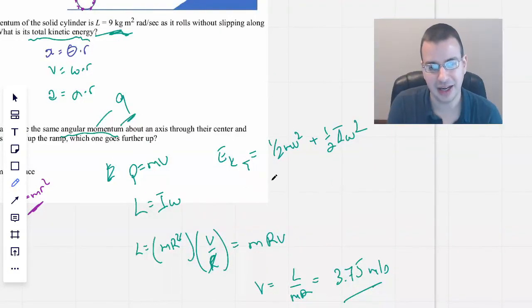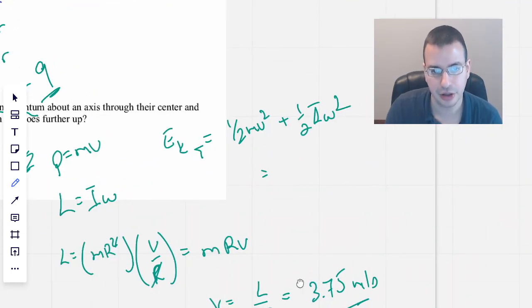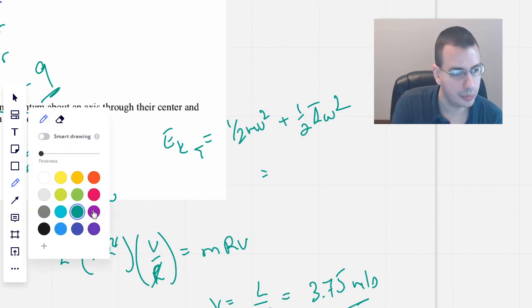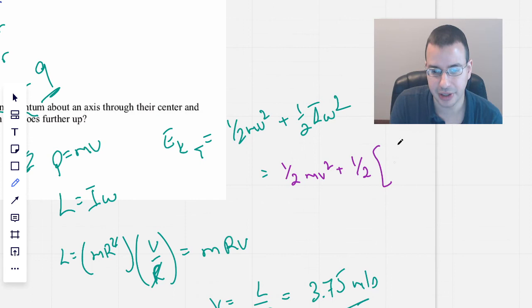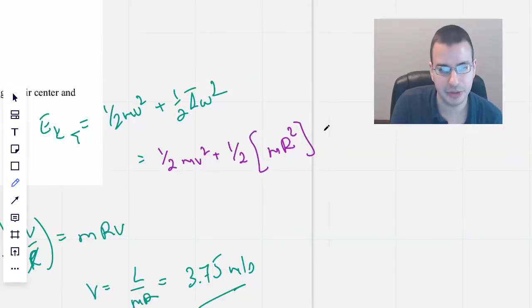Okay, so now we'll look at kinetic energy. Energy kinetic is, let me do purple to show my evolution of thinking, 1/2 mv squared plus 1/2 I, which will be mr squared, times angular speed, which is v squared over r squared here, because there is no slipping.